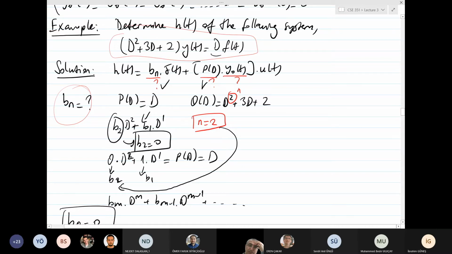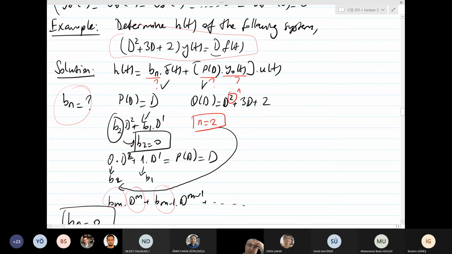Okay, and the Bm, remember, it was Bm times Dm plus B1 times D1. In this case, since P of t is equal to D, that means b2 is equal to 0 and b1 is equal to 1. So my b2 is equal to 0, because of this, guys, if you remember.